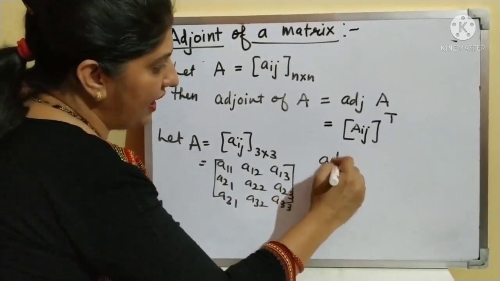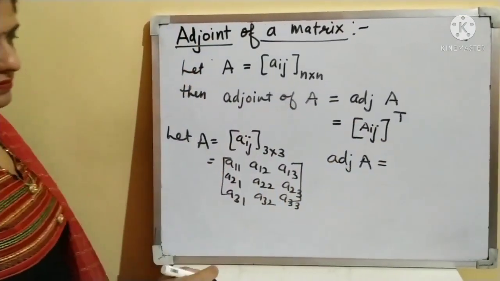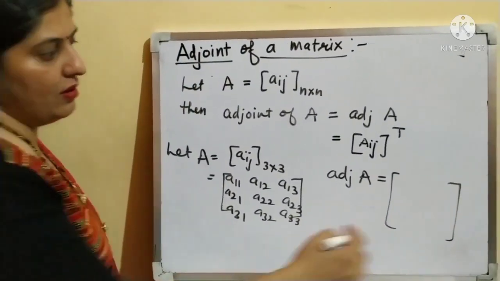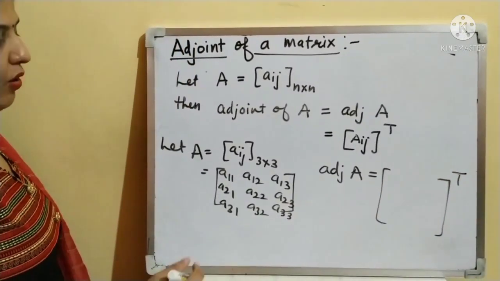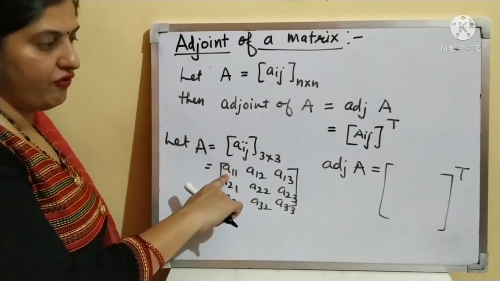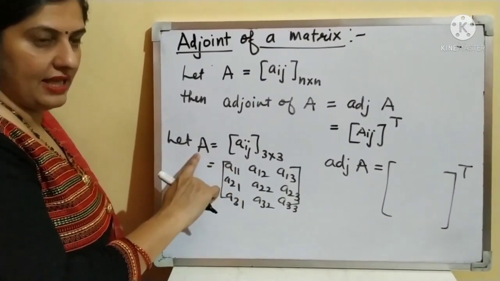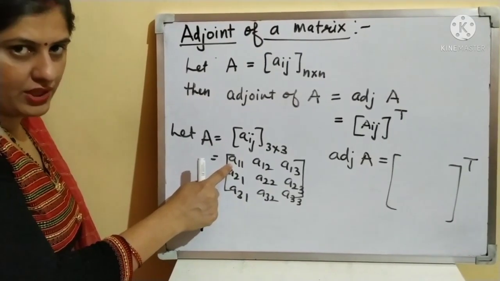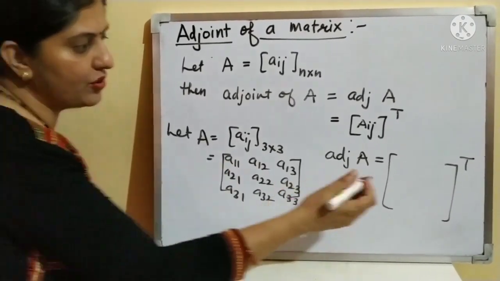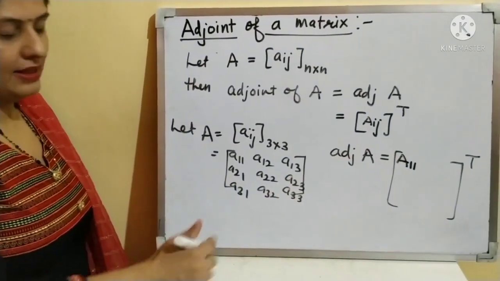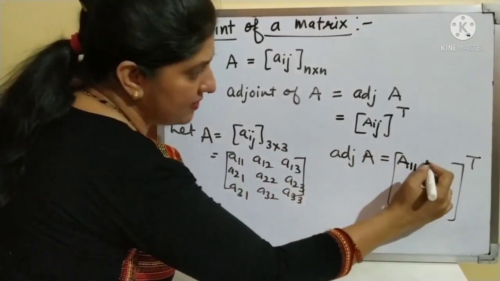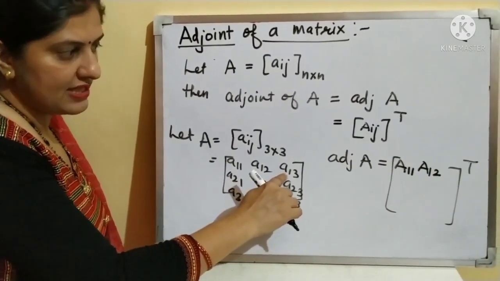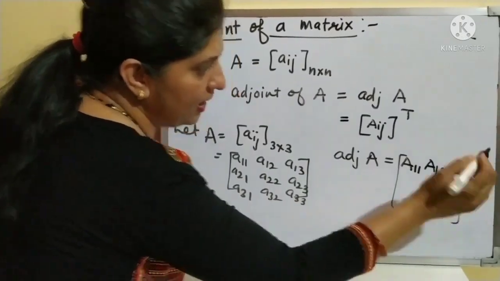Now we have to find adjoint of A. Adjoint of A is a matrix formed by taking transpose of the cofactors of elements of the given matrix A. So we have to write cofactors here. First element is a11, and the cofactor of a11 is denoted by capital A11. Next element is a12, write its cofactor, capital A12. Third element of first row is a13 and the cofactor is capital A13.